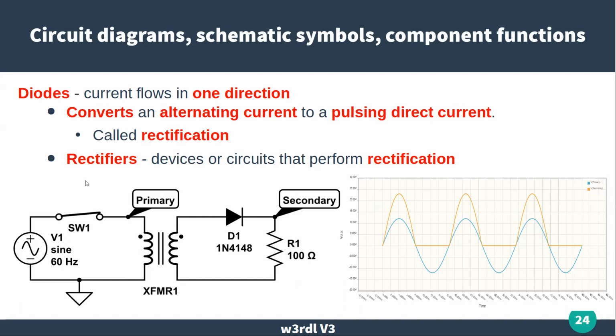So since it will only conduct from positive to negative, in this circuit down here where we have the transformer, we put a diode in the output circuit and a load resistor, and we've got an AC voltage coming in.